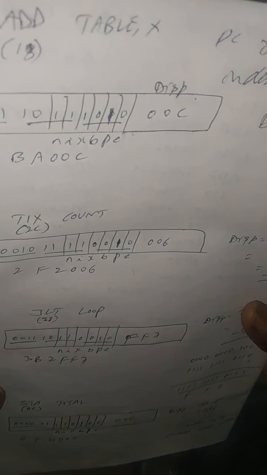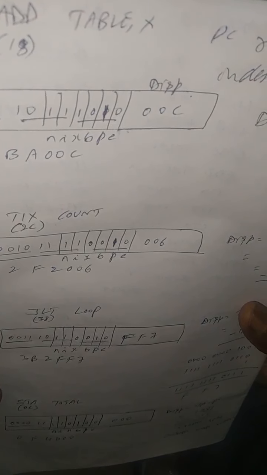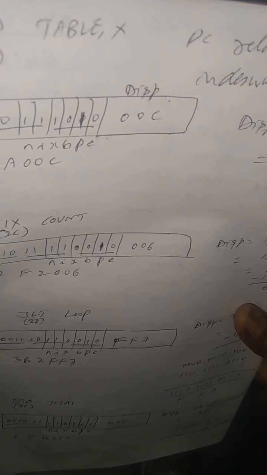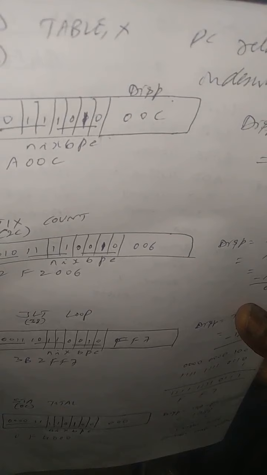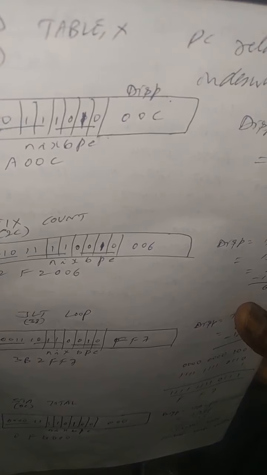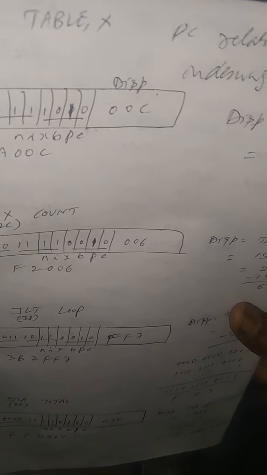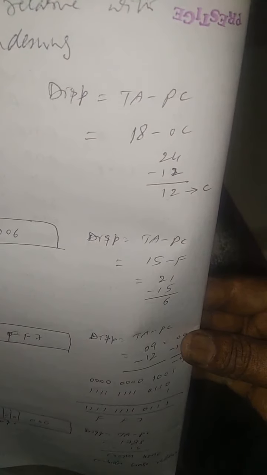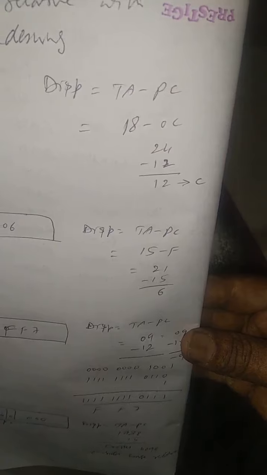Then since the index register is used, make X as 1. Then it is also PC relative, so make P value as 1. Remaining 2 bits are zeros. Now calculate the displacement. Displacement is equal to target address minus PC.